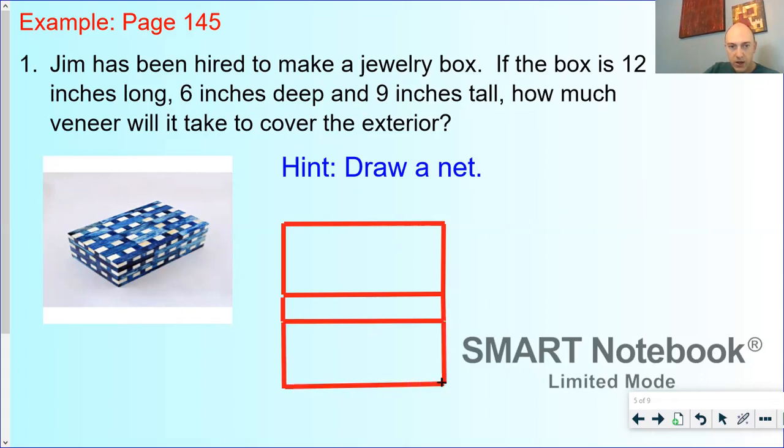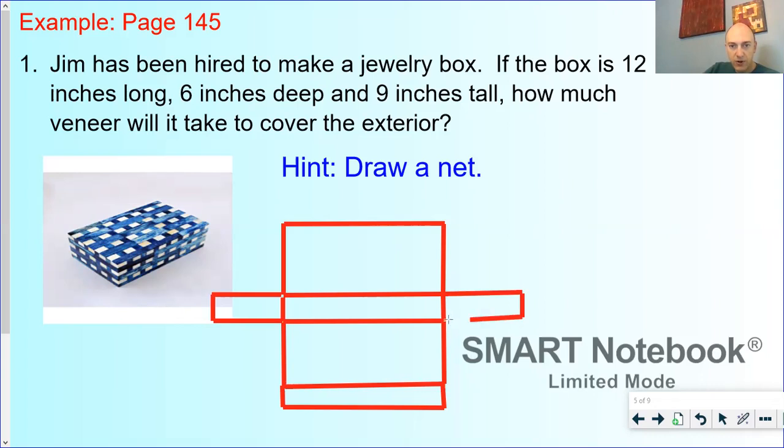And then again, on the back, we're going to have this long skinny shape again. Now we have 2 more sides. We got the left-hand side and the right-hand side, and those are going to come off of one of these skinny shapes. And they should have the same length as that. And so your net might look something like this.